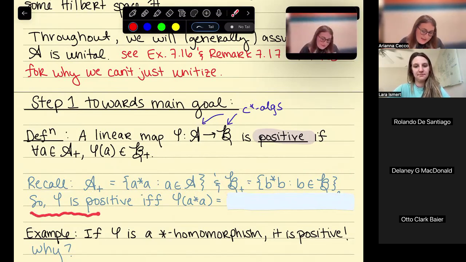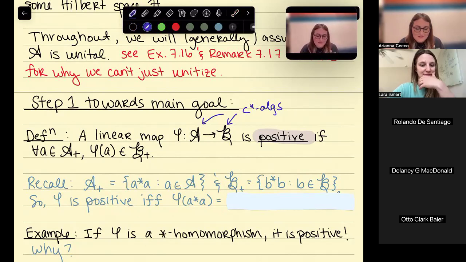Essentially, we just want to say that phi is positive if and only if phi of A star A is of what form? Like, for it to be positive, how can it be written? I don't know if I'm asking that question well. So maybe in this case, I'll just tell you what I mean.